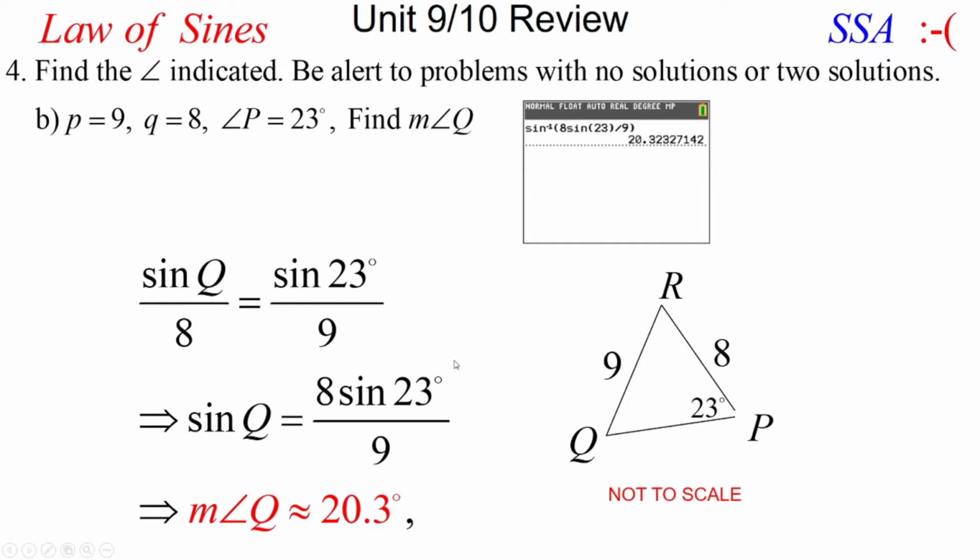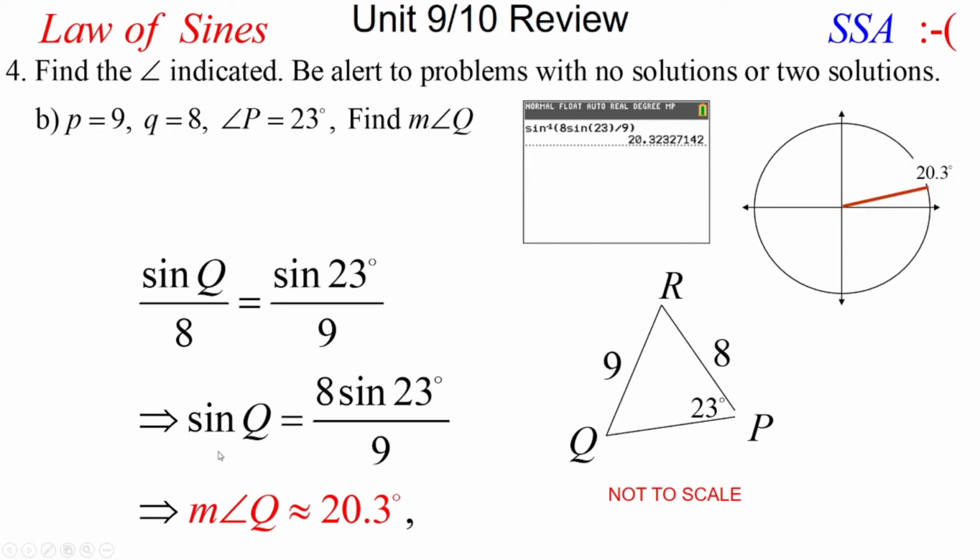Okay, now let's be aware of this because this is side-side-angle right here, correct? So that 8, remember that hinge stuff going on? Could we also get an obtuse angle here? All right, so you know what you need to do now is draw your unit circle. And there's my unit circle right there. And I'm going to put an estimate of 20.3 degrees, about right there.